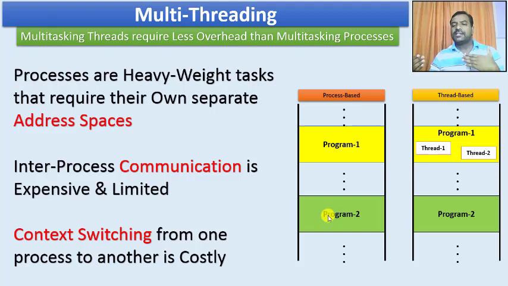At that time the CPU is idle, program 2 will come into execution, and this is what we call context switching. Program 1 was in execution, program 2 was waiting. Now they have been switched: program 2 is in execution and program 1 is waiting for the CPU.